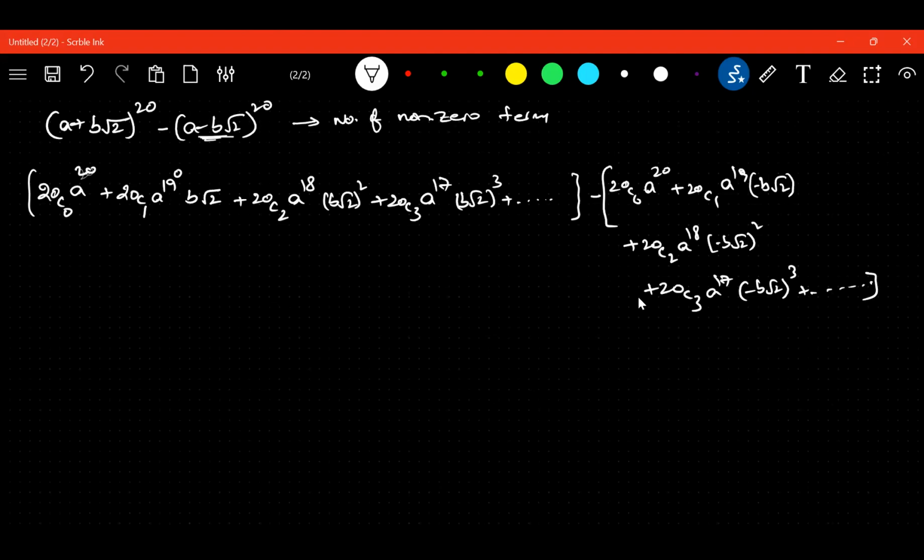So now: 20C0 a to the power 20 plus 20C1 a to the power 19 b root 2 plus 20C2 a to the power 18 b root 2 whole square plus 20C3 a to the power 17 b root 2 whole cube, and so on.